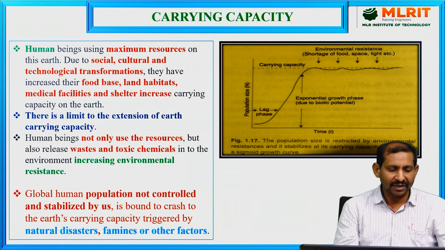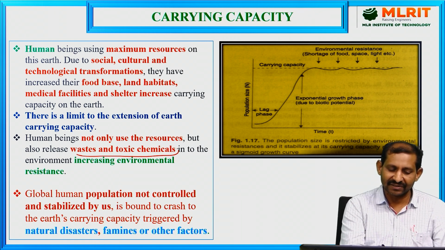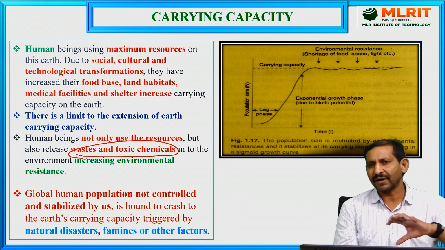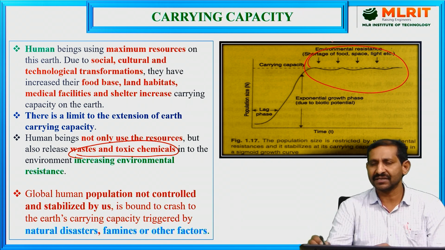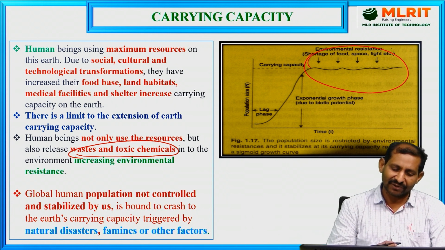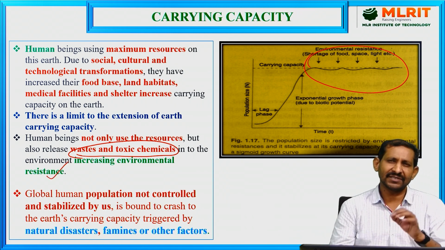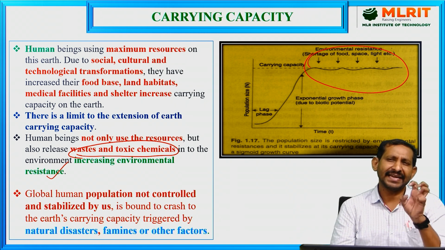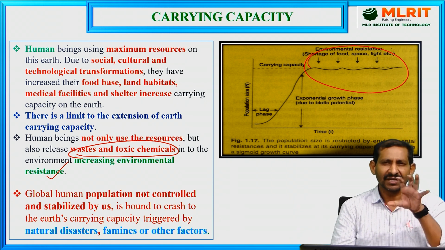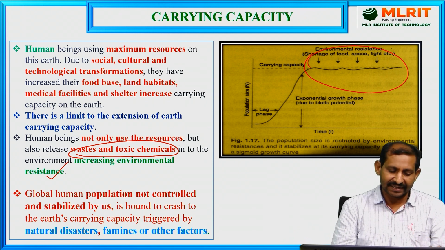Human beings not only use resources but also release a lot of waste and chemicals. Once saturation is reached, using so many wastes and chemicals increases environmental resistance. For the sustainability of any species with biotic potential, these waste and toxic materials increase the environmental resistance.